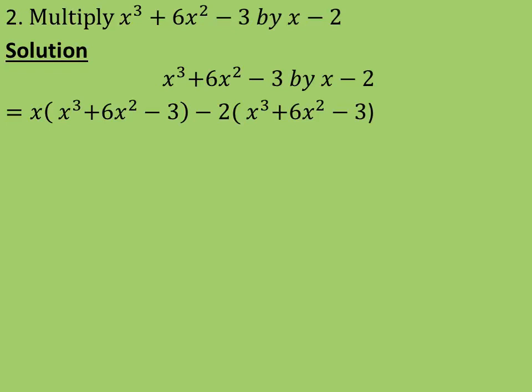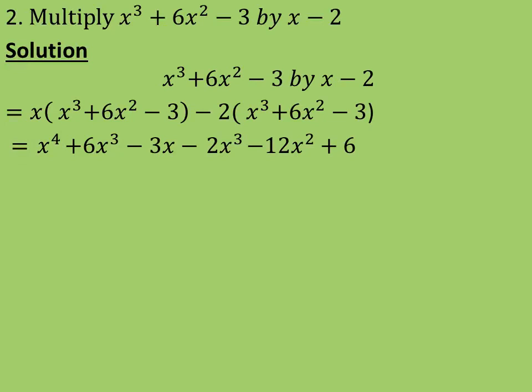So we have minus 2 multiplied by the whole of the first expression again. x multiplied by x cubed gives us x raised to power 4. x multiplied by 6x squared gives us plus 6x cubed. x multiplied by minus 3 gives us minus 3x. Minus 2 multiplied by x raised to power 3 gives us minus 2x raised to power 3. Minus 2 times plus 6x squared gives us minus 12x squared. Minus 2 times minus 3 gives us plus 6.